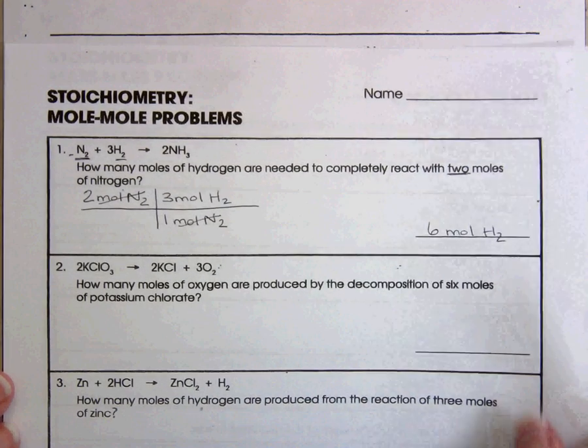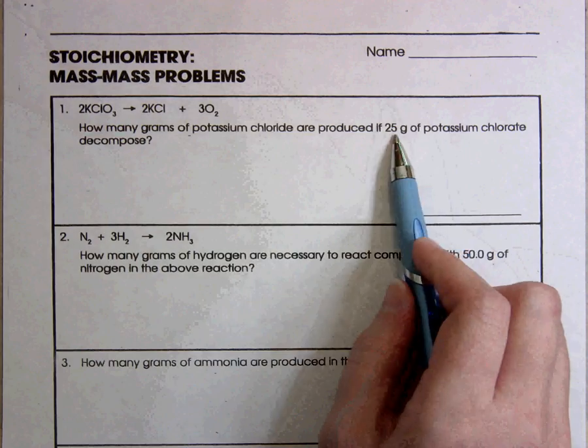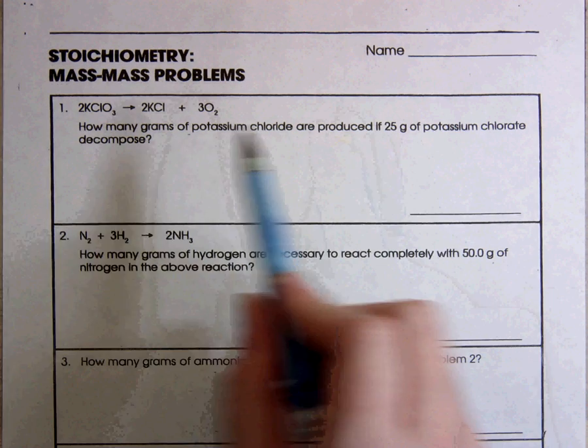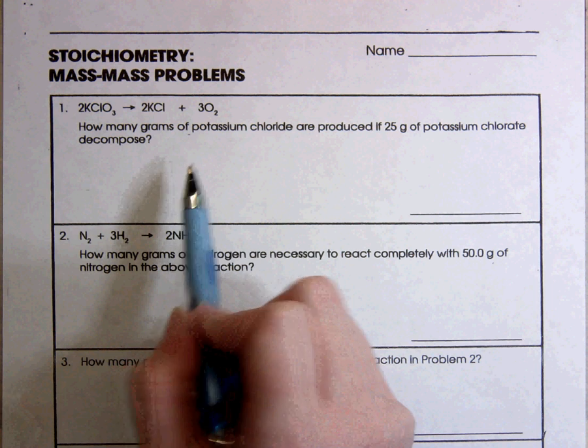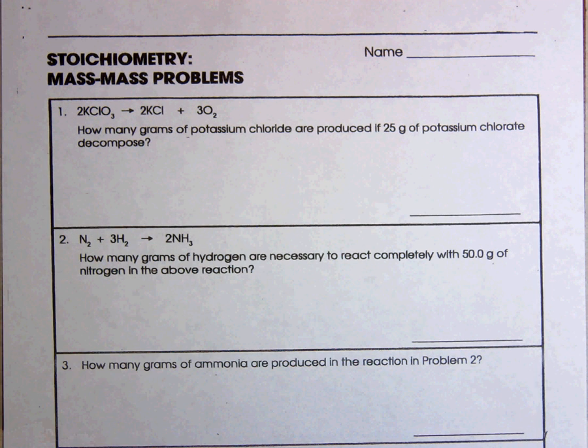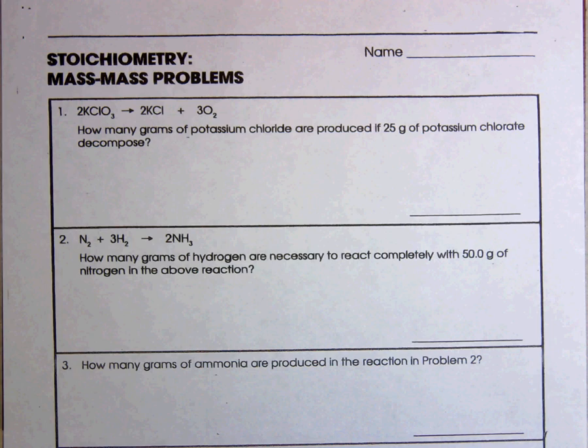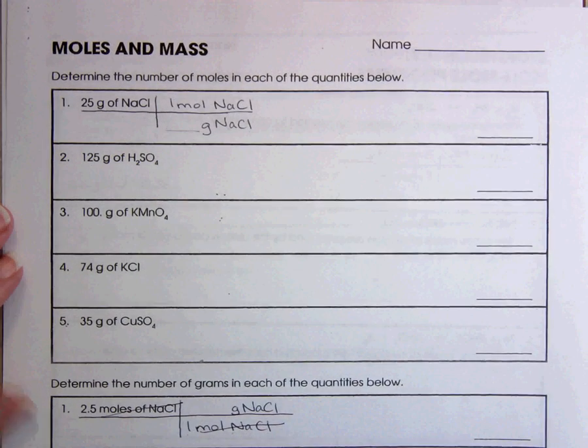So what we're going to have to do is turn our grams into moles and then compare moles to moles. In order to do that, I need to remember what I was doing earlier on in the packet back here with the moles and mass problems.